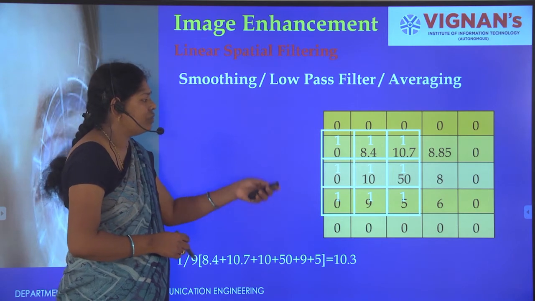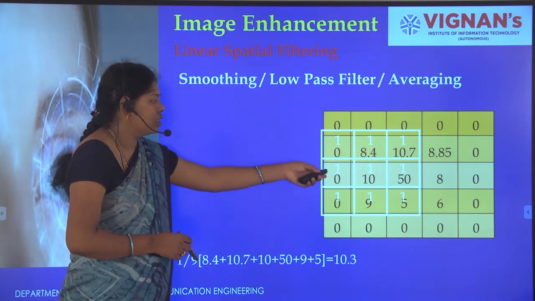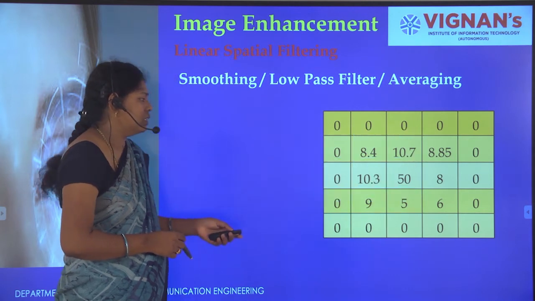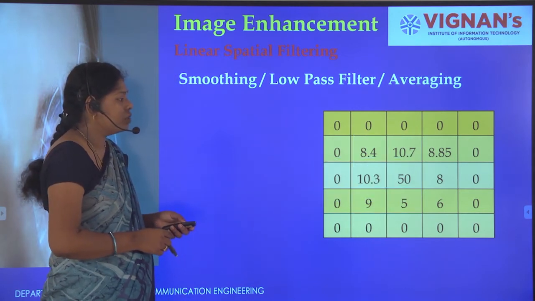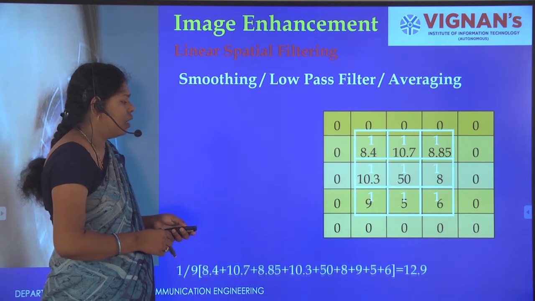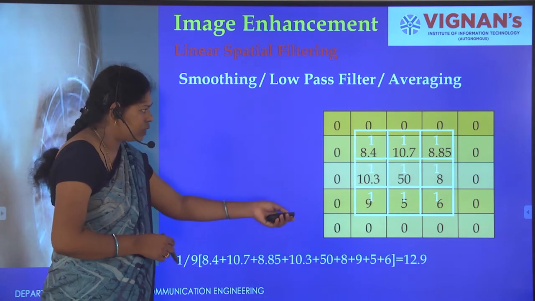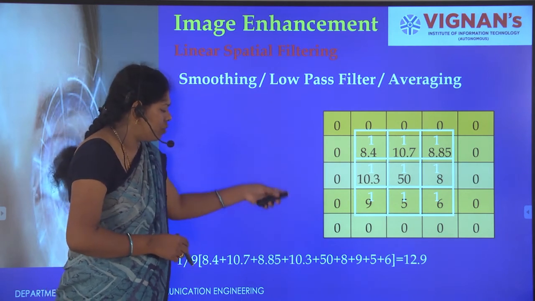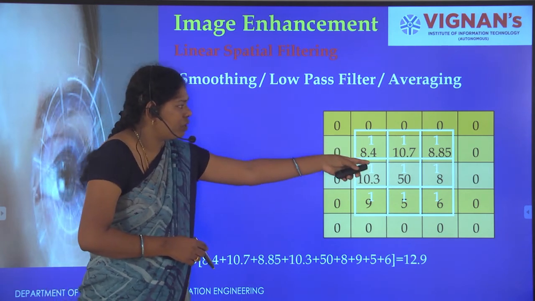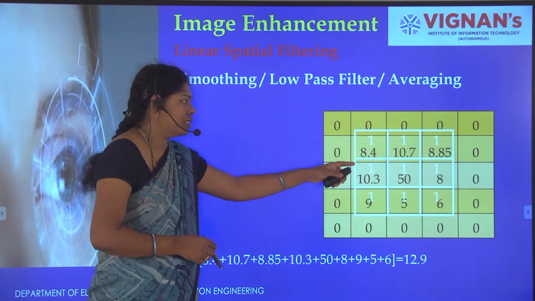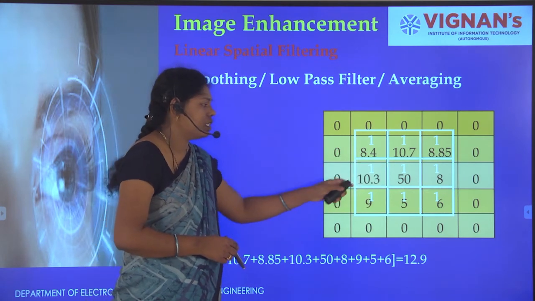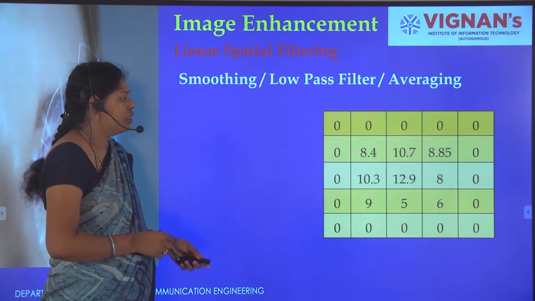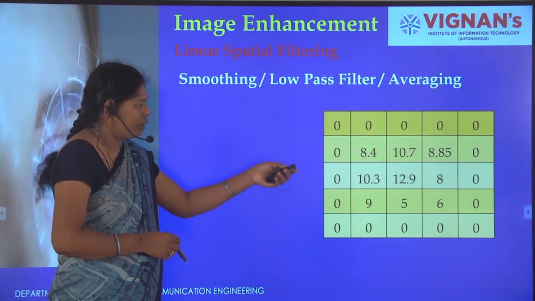Just observe that the previous value and the new value are within the same range, so it is modified with only a little change. Next, coming to the 50, it will be modified to 12.9. Just see: 8.4 plus 10.7 plus 8.85 plus 10.3 plus 50 plus 8 plus 9 plus 5 plus 6. Now we are getting 12.9. Next, go for 8.